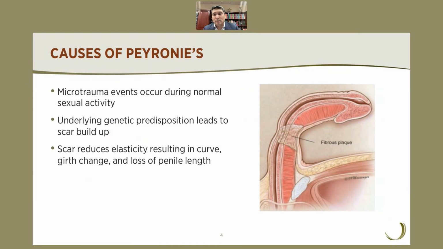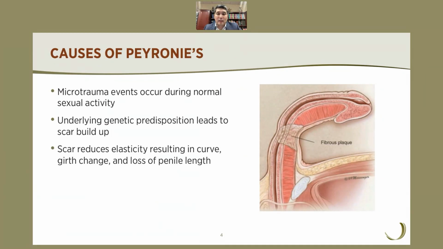Peyronie's is thought to be caused by repeated microtrauma events that occur during sexual activity. So in normal sexual relations, the erectile chambers are under significant pressure, and that can lead to micro tears in the erectile chamber.